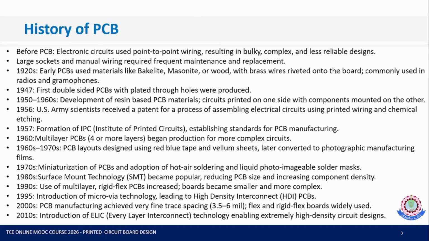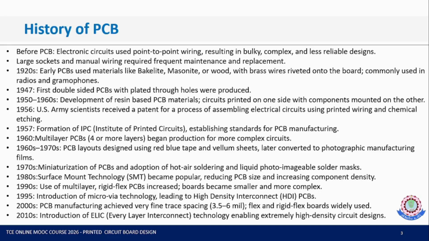Overall, the history of PCB says that before PCBs, point-to-point wiring was used, which made a bulky, complex and less reliable design. These large circuits and manual wiring required frequent maintenance and replacement. Electronic components were fitted one by one, so no PCB was manufactured during those periods.